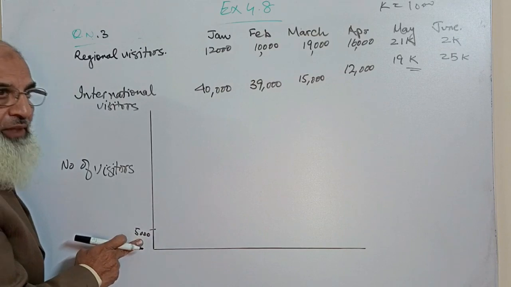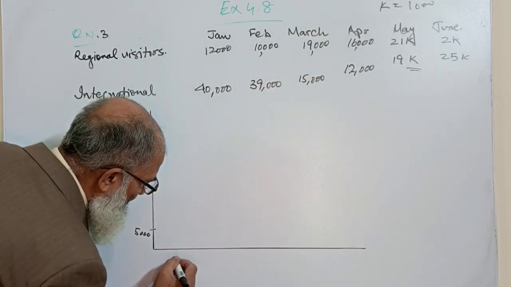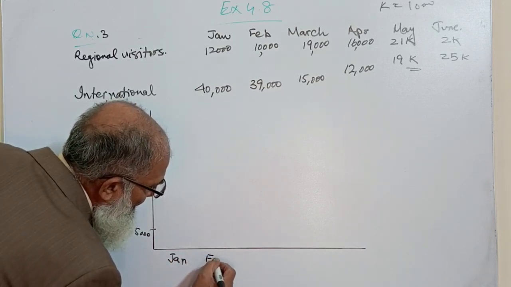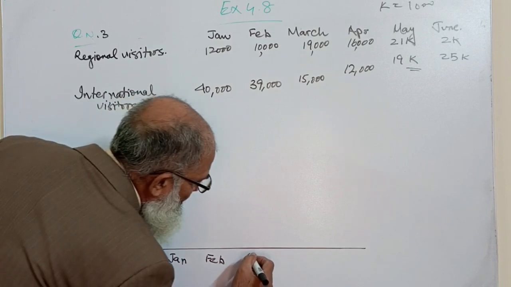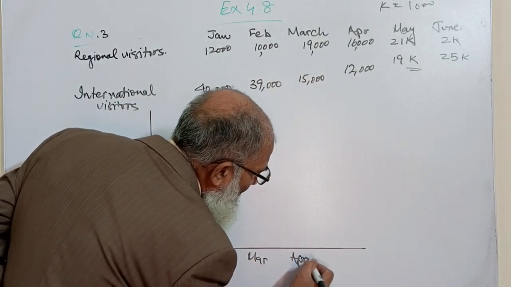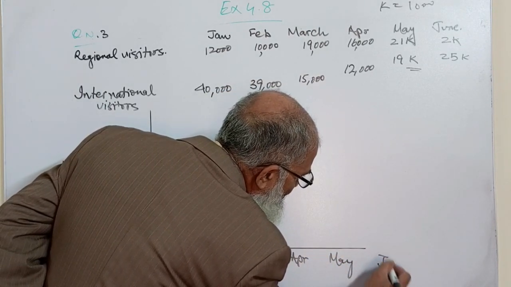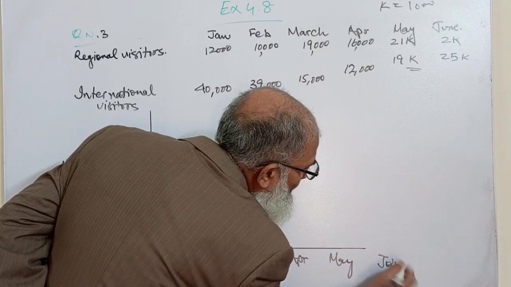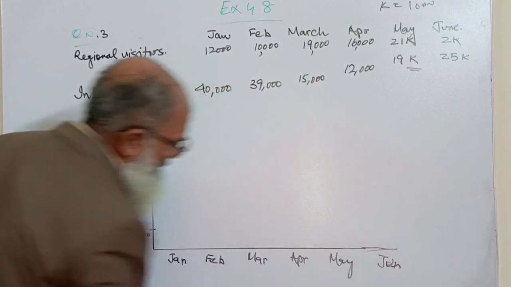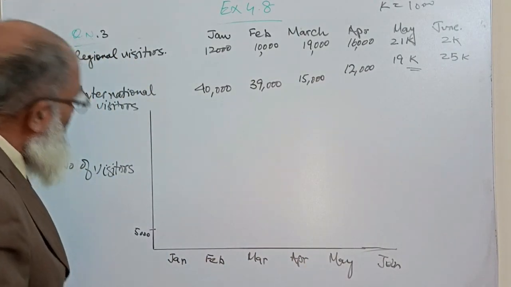Now here we will do the months: Jan, Feb, March, April, May, June. It is very easy again.